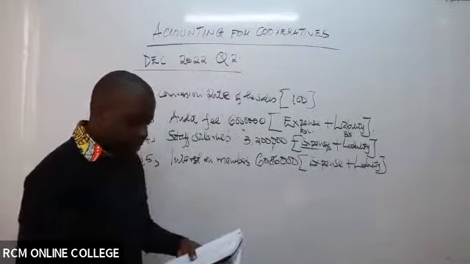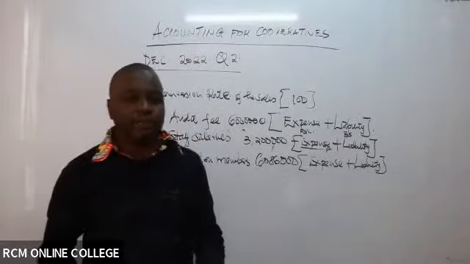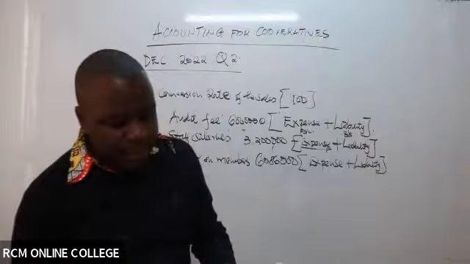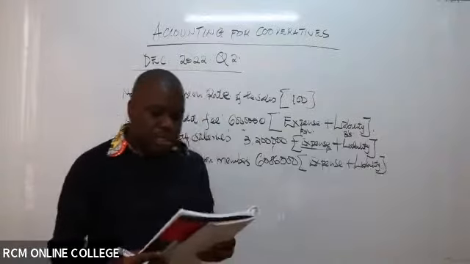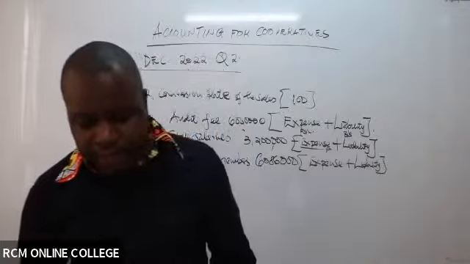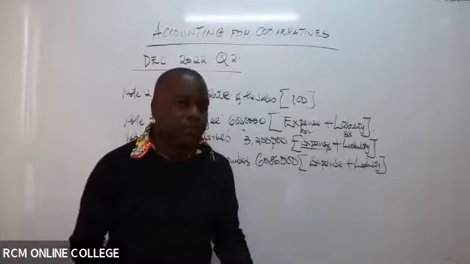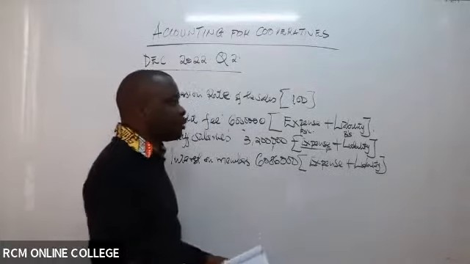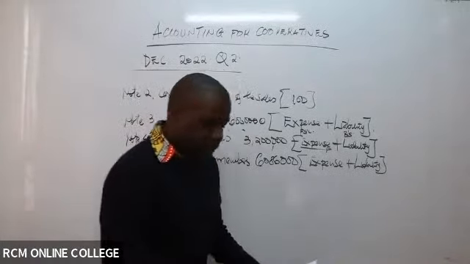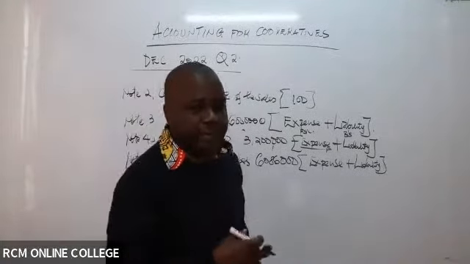Then note number 6, which we've already mentioned, is part of the provisions under the Cooperative Societies Act. As per the relevant ministry regulations, cooperative societies are required to transfer 20% of their net earnings to statutory reserve. When you do the appropriation, you take 20% of the earnings realized in the income statement.